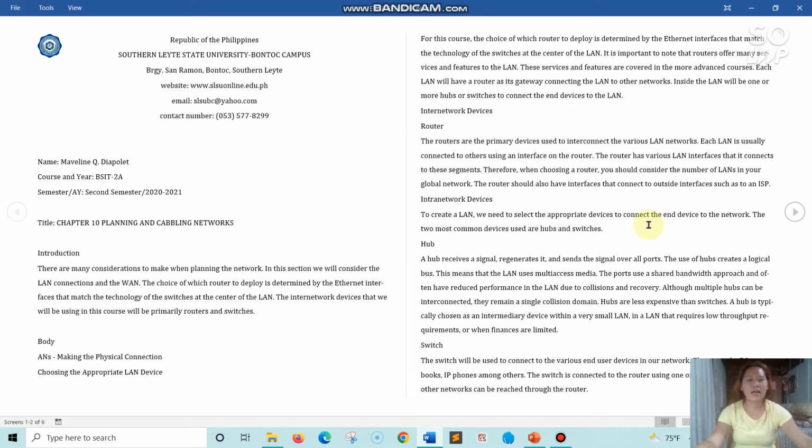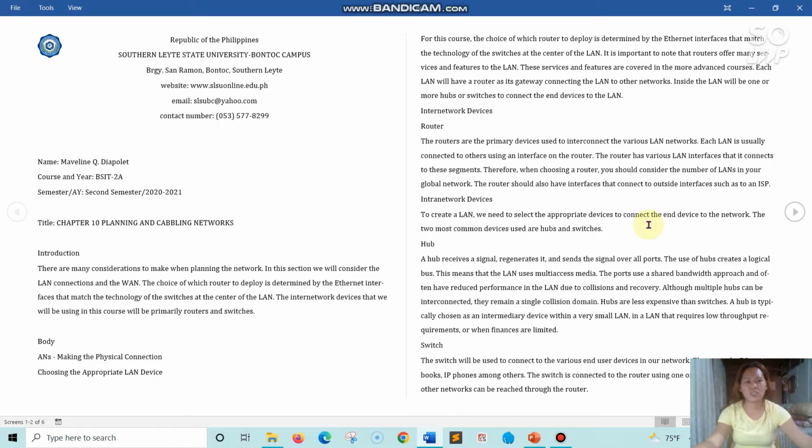Each LAN will have a router as its gateway connecting the LAN to other networks. Inside the LAN will be one or more hubs or switches to connect the end devices to the LAN. So inter-network devices. First is the router. Routers are the primary device used to interconnect the various LAN networks.